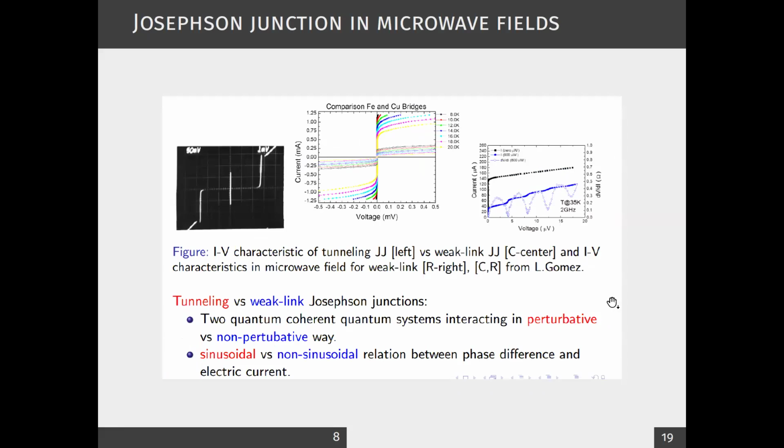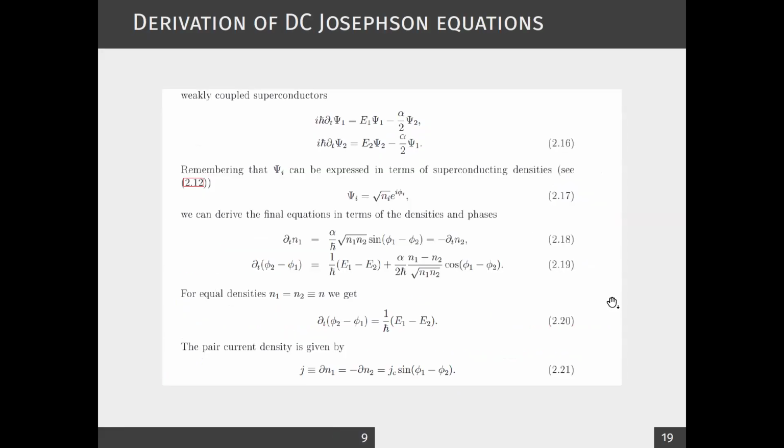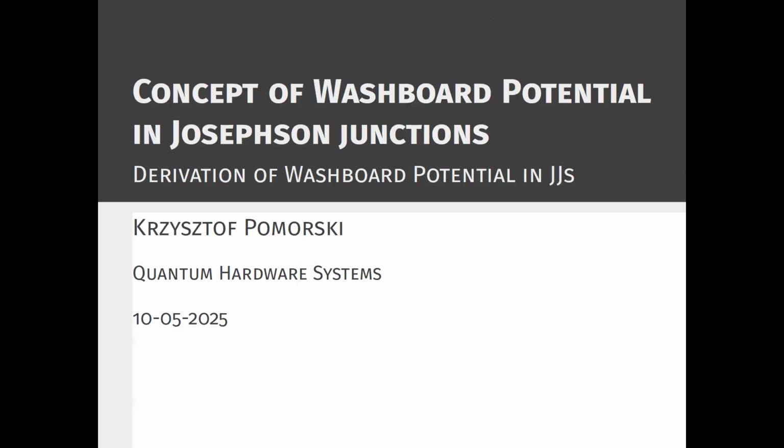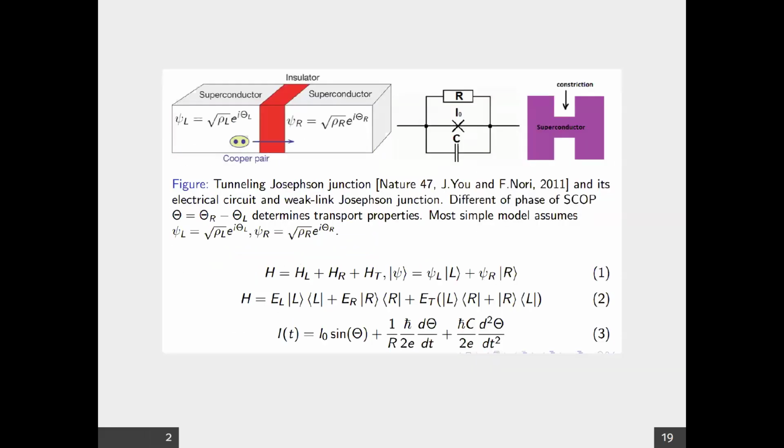Okay. And then we have already accounted for the derivation of the Josephson effect. So basically we have two coupled equations, 2.16. These are equations which are derived from equation number 2, essentially.